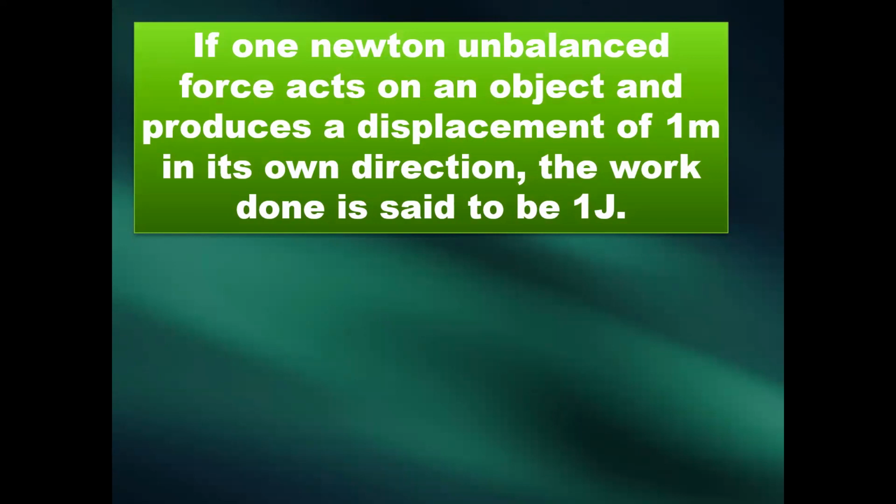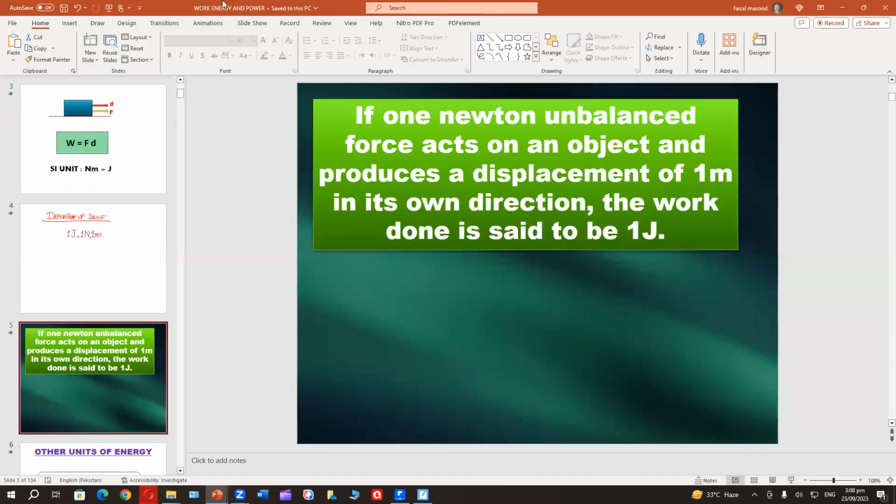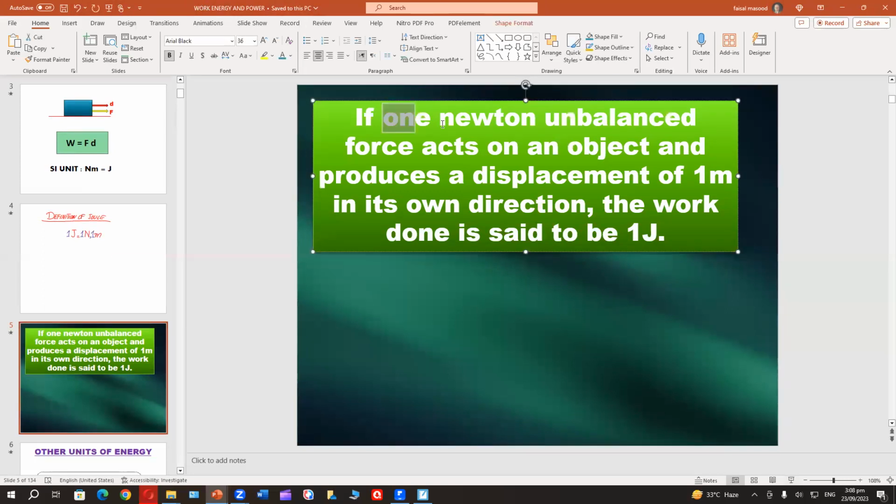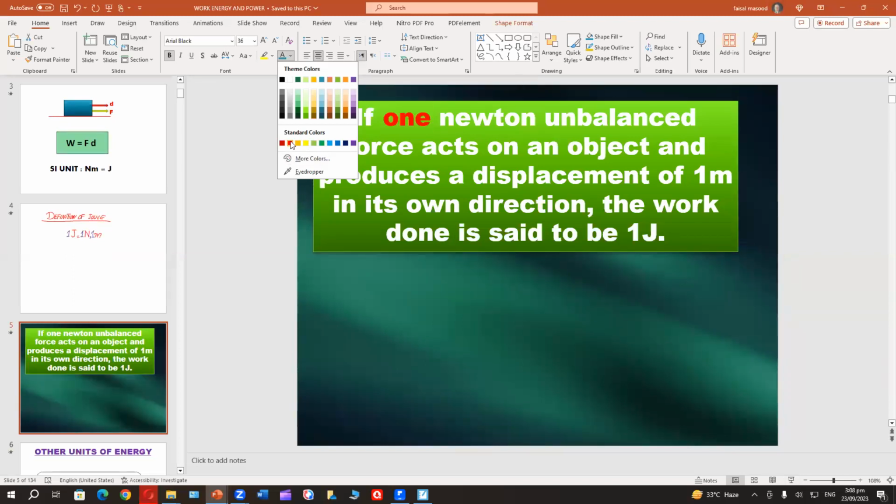The emphasis of this technique is on 1. So when you say 1, it actually means that 1 is the main thing for this definition. So you have to put everything in 1.